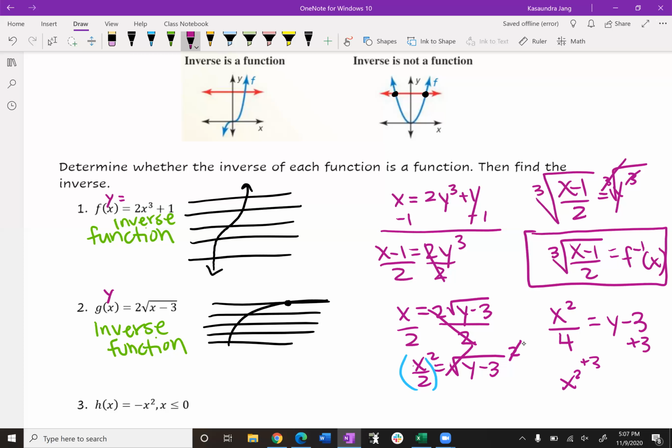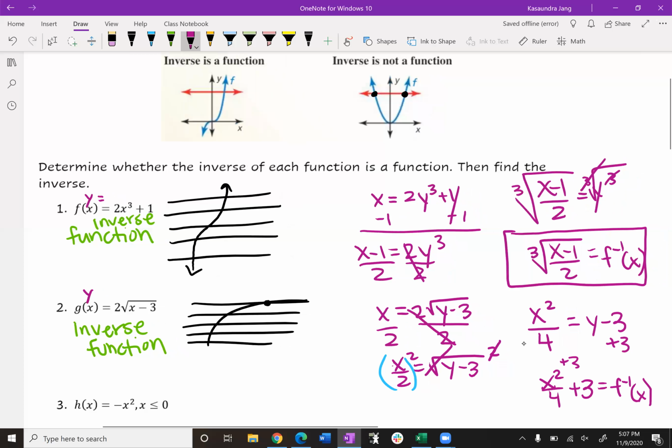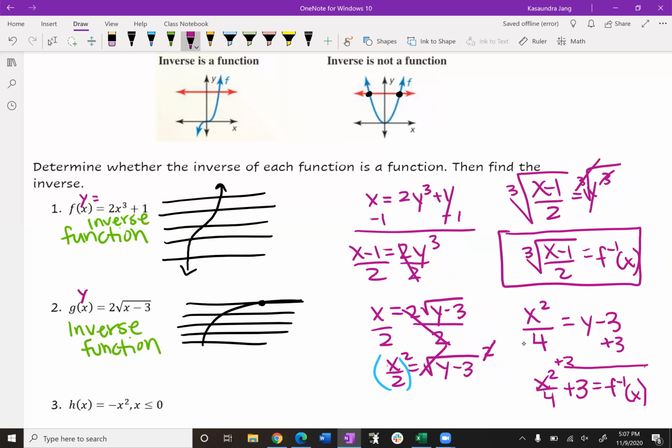And I get x squared over 4 plus 3 all equals my y, which again, instead of putting an f of x for my y, I'm doing f inverse of x. The whole way that I solved for this was by replacing my x and y. So this is my f inverse function. Actually, I think we had a g of x, so I'm actually going to call this a g inverse. So there's my g inverse function.